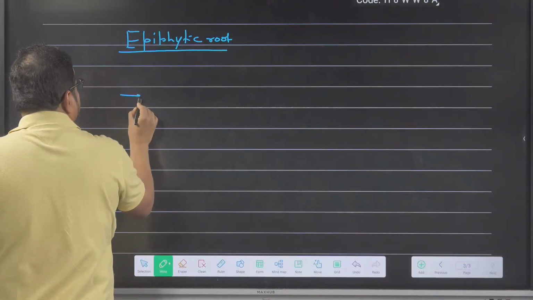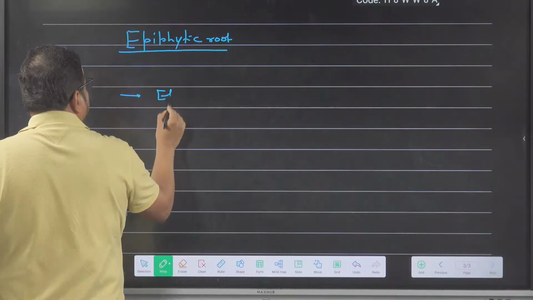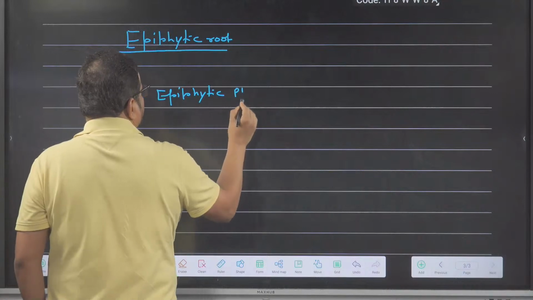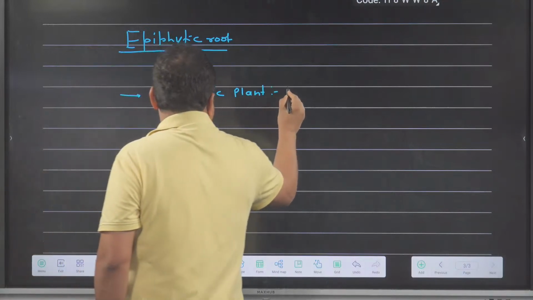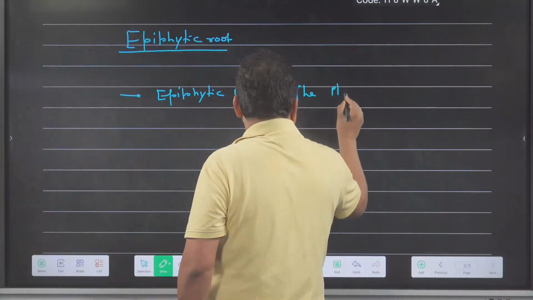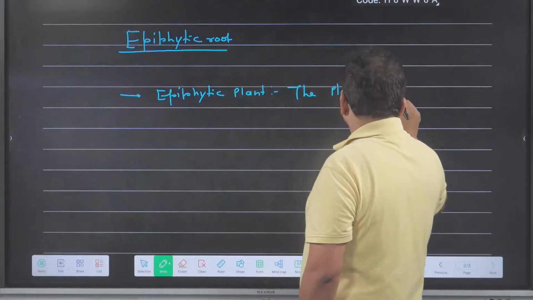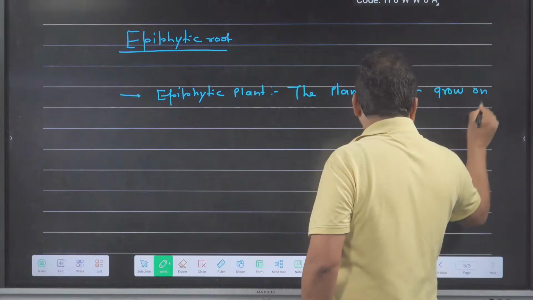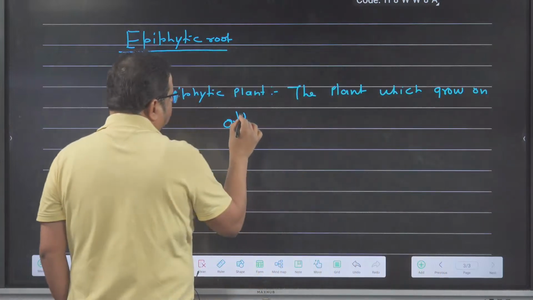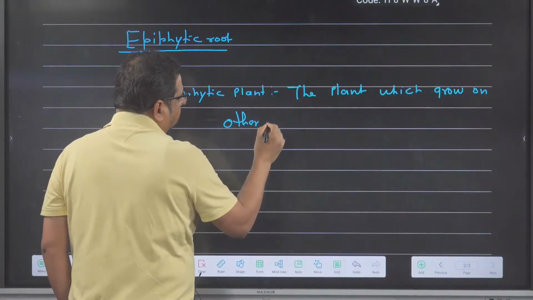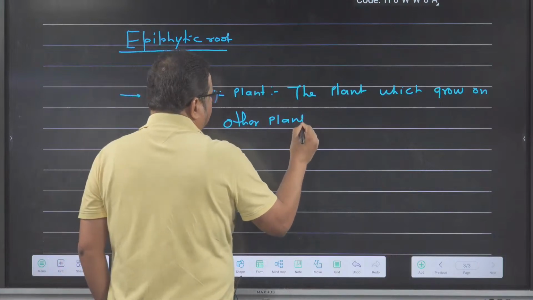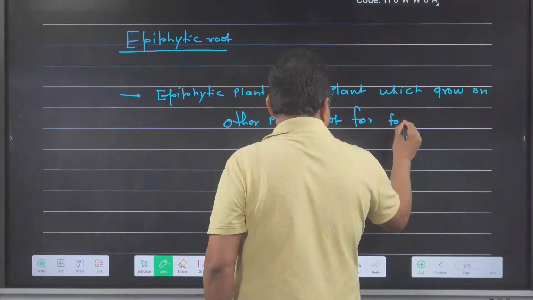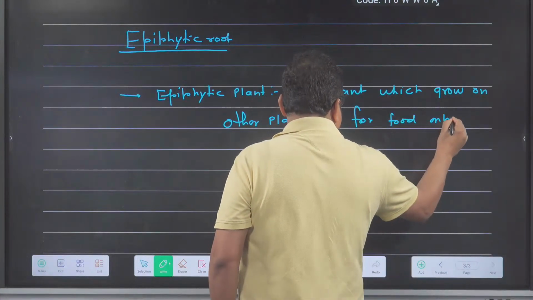So first I am telling you what is an epiphytic plant. Epiphytic plants are plants which grow on other plants, not for food, only for shelter.